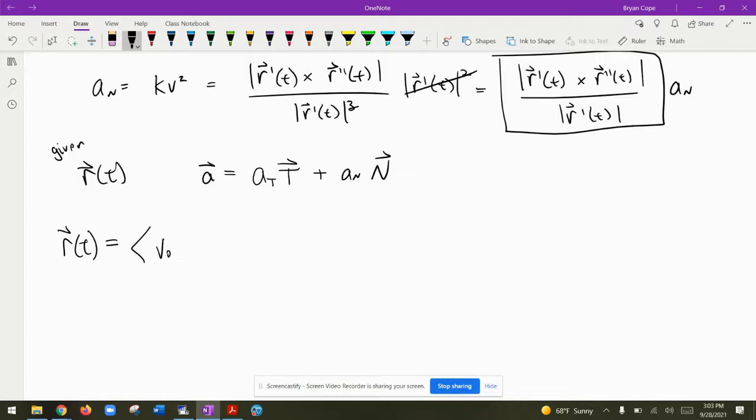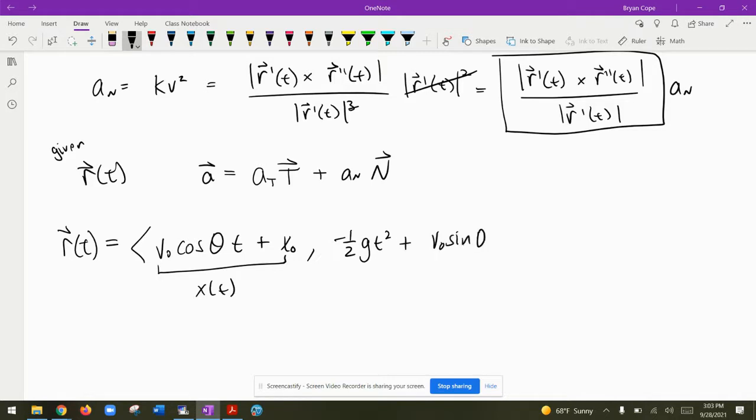It can be v naught cosine theta t plus x naught. Those are all scalars, so this would be our x of t function. And then the y of t function would be negative 1/2 g t squared plus v naught sine theta t plus h naught. That thing is y of t.